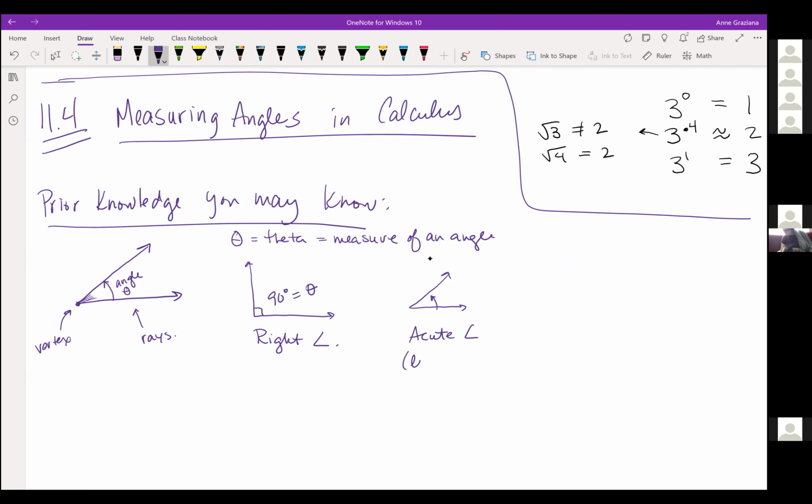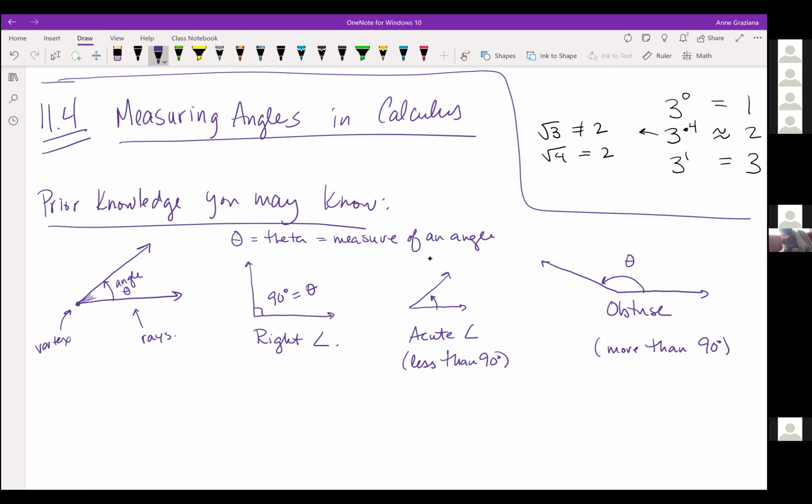It means less than 90 degrees. And then one that is larger than 90, more than 90. What's that called? Obtuse. Okay. All right. So hopefully this is a little bit of familiar territory.